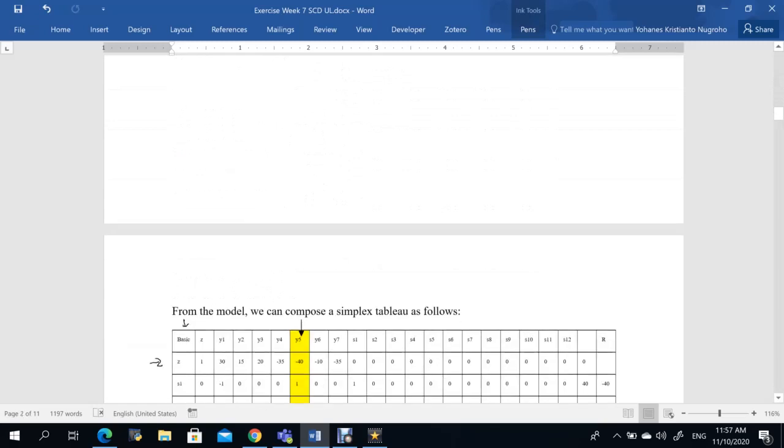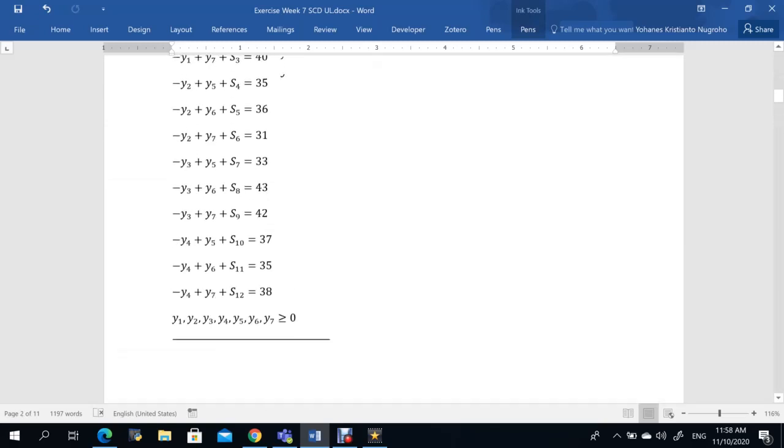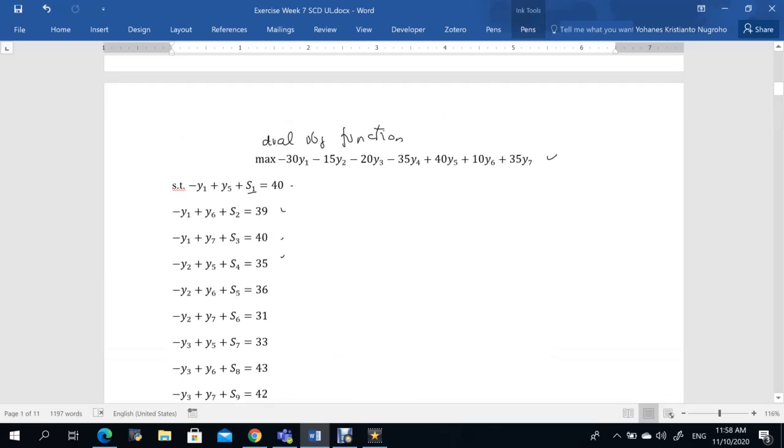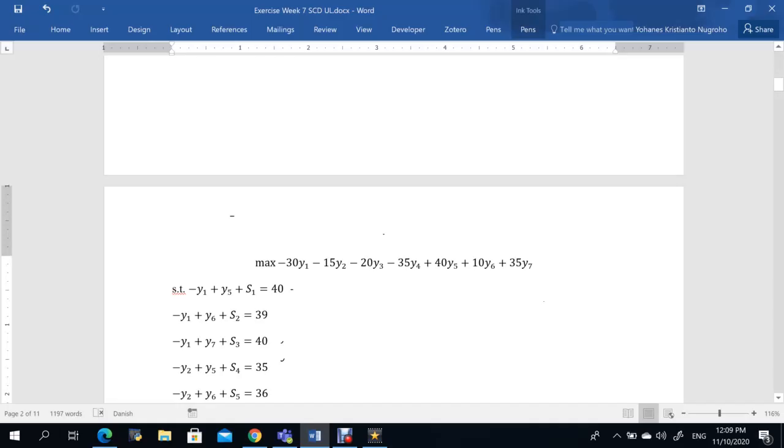And here we convert into 30 because in the simplex method we have to move all our right hand side variables into the left hand side, and therefore it will be another constraint in our simplex solution. All right, in order to convert our objective function into an additional constraint, we have to move all variables in the right hand side into the left hand side.